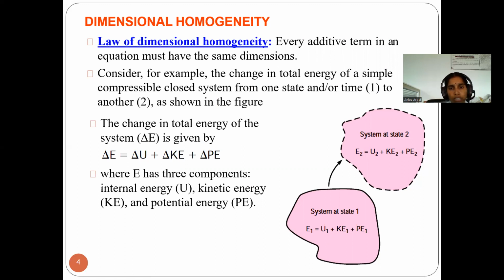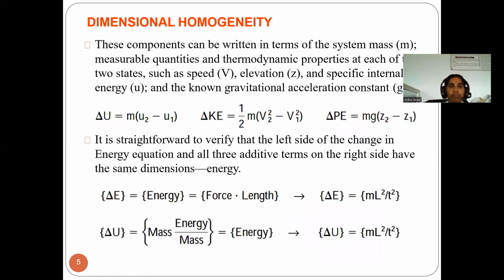The change of total energy of the system, delta E, is given by delta E equal to delta U plus delta KE plus delta PE, where E has three components, that is internal energy U, kinetic energy KE, and potential energy PE.